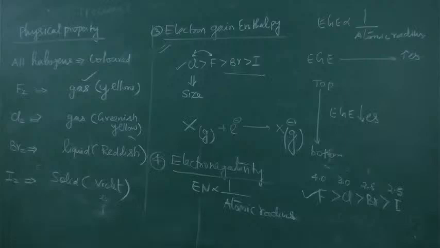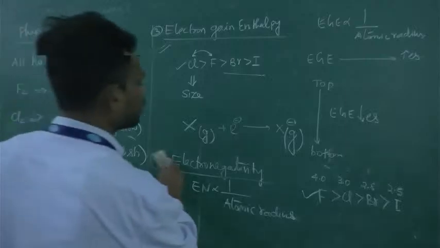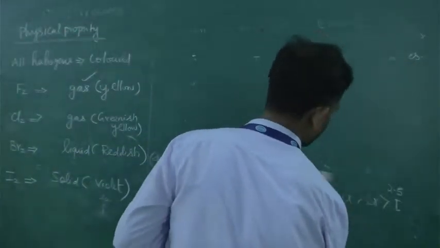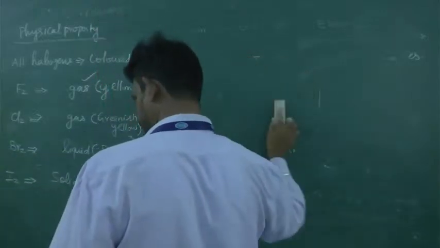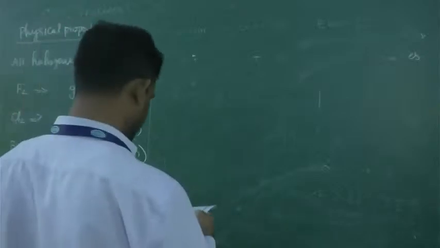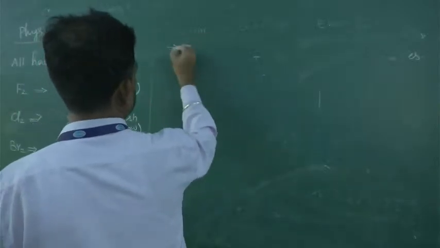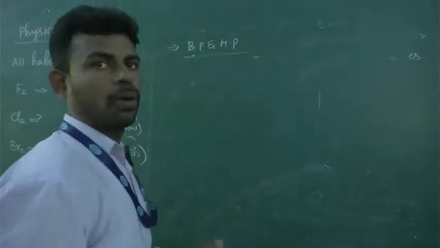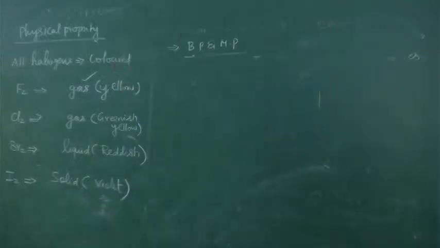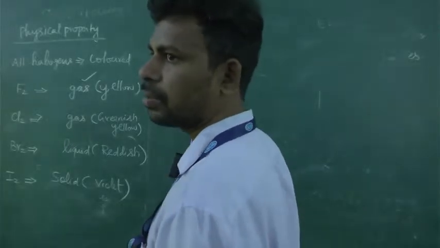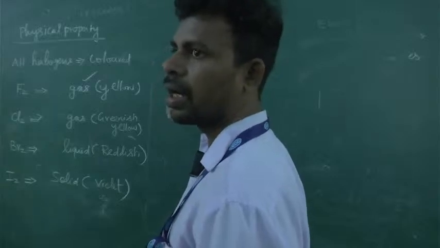Next, boiling point and melting point. What is the trick for the boiling point? Molecular weight or atomic number, or molecular mass or atomic mass.